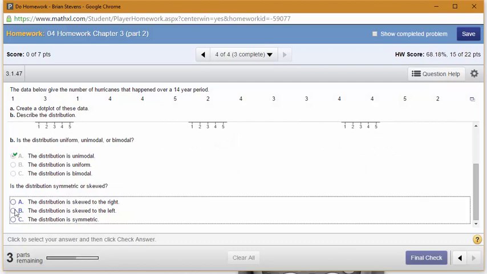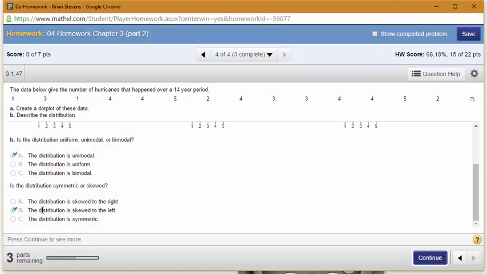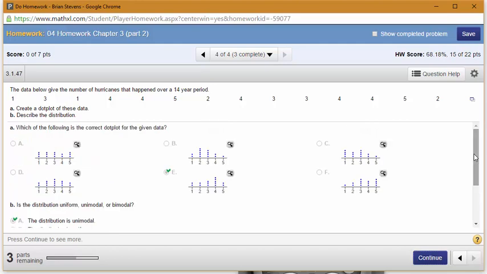And I think I said it was skewed to the left. Just so we can see it again, I'm going to pull the screen back up. This is skewed to the left. Definitely skewed to the left there. Skew is whatever way the tail is pulled out. So you can see that right here where we could have skew or symmetry, and modality. This is modality right here because there's a mode. Or we have uniform, which is where there's no modes.